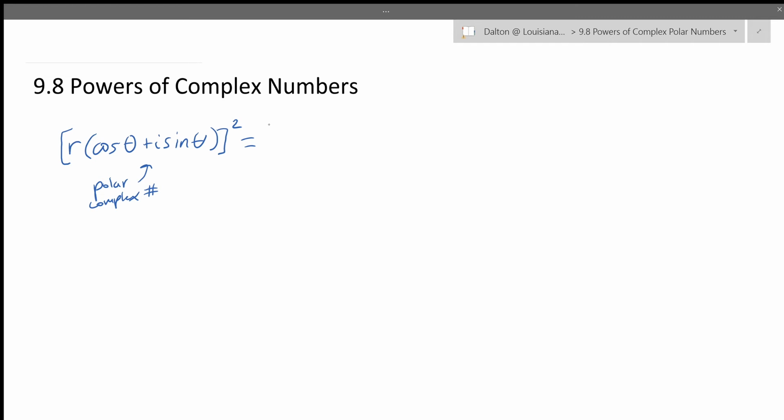So I'm going to have r times the cosine of theta plus i times the sine of theta, times itself: r cosine theta plus i sine theta, and close everything.